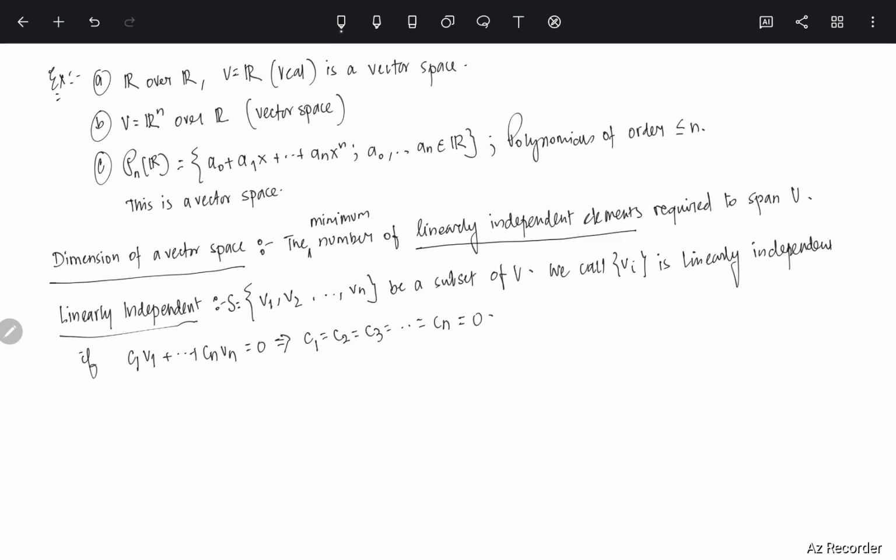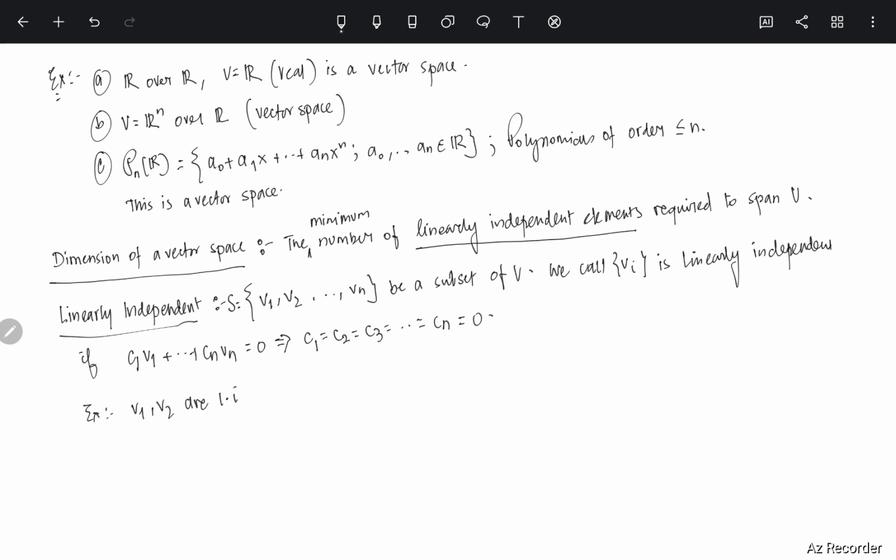So essentially, you can think of it as the vectors not depending on each other. If you just think of two elements V1 and V2, let's look at it as an example. If V1 and V2 are linearly independent, what does it mean?